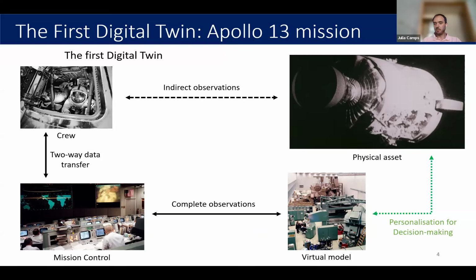So this was essentially a personalization exercise, right? They were an inference exercise. They were inferring the parameters of the spacecraft in space using the simulator and using continuous observations.